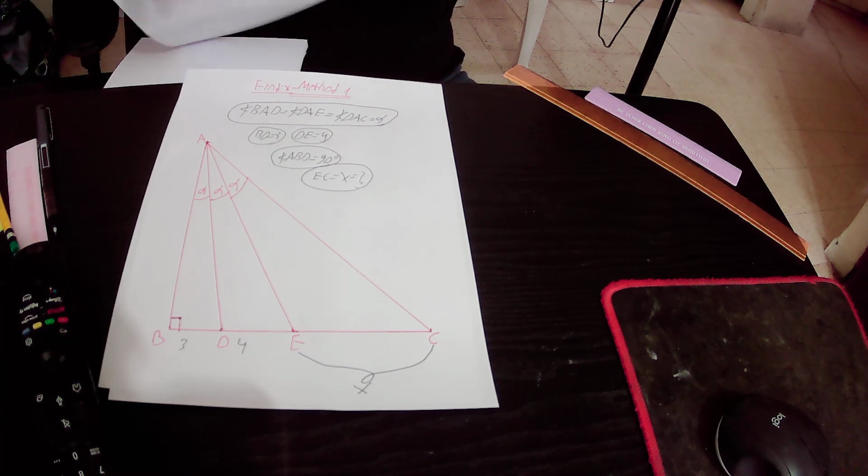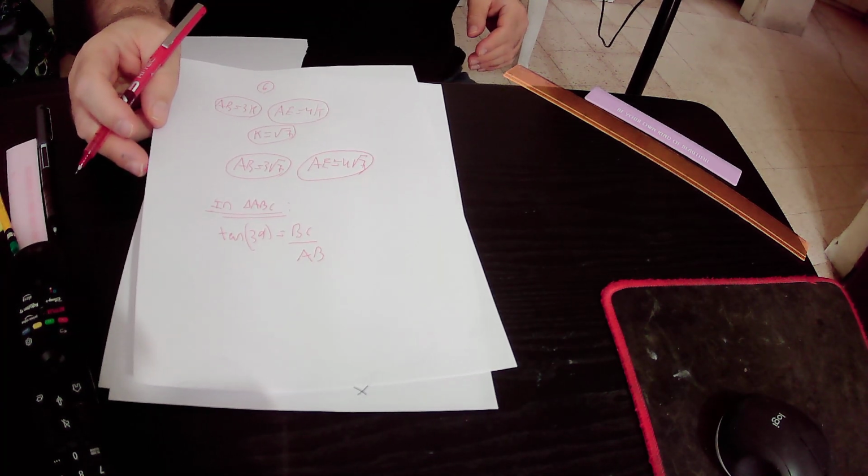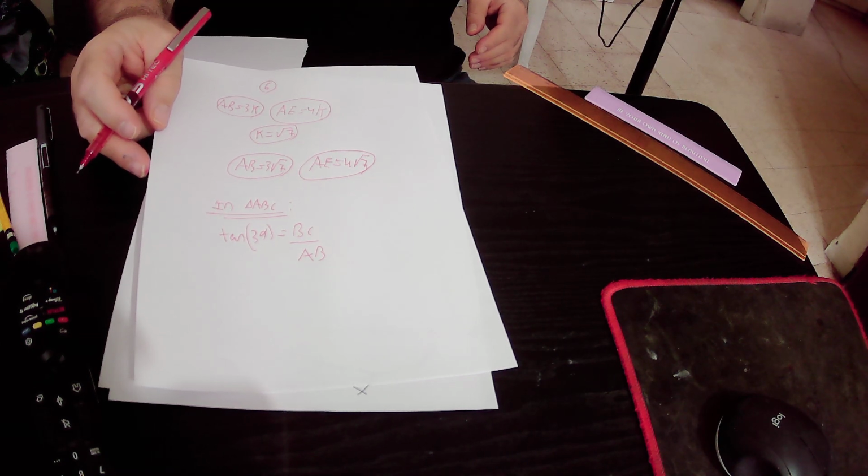Again, tangent 3 alpha equals BC over AB.